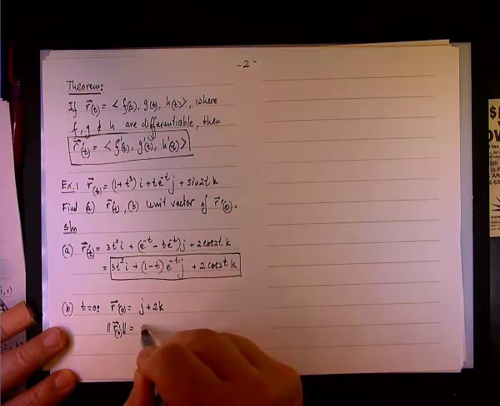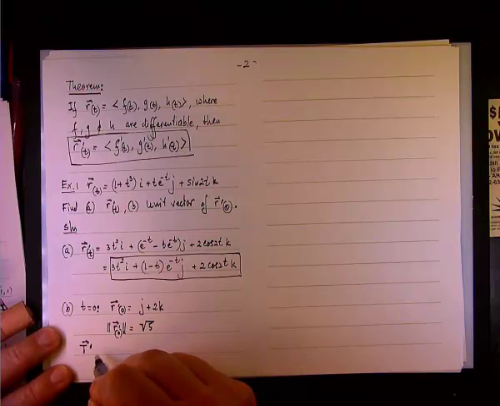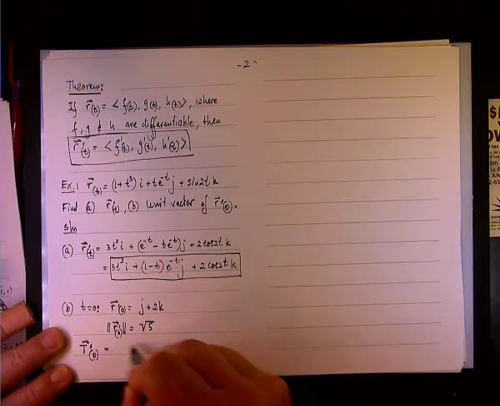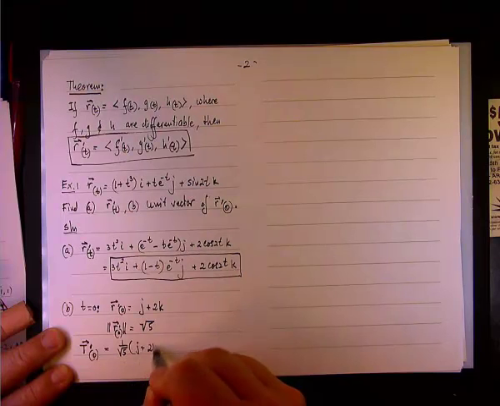We need the magnitude as well, and the magnitude at 0 is simply square root of 5, so we'll write T prime at 0 is 1 over square root of 5 times j plus 2k.